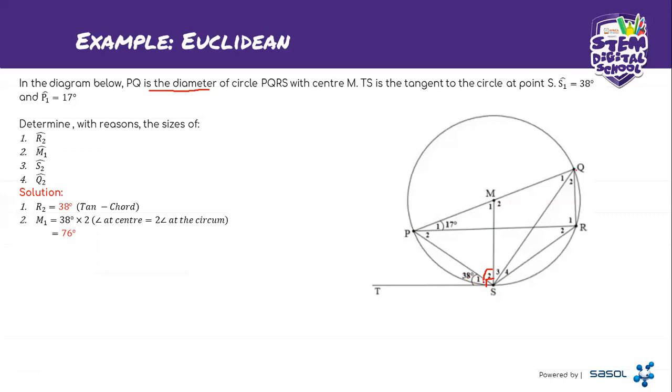We don't know angle S2 yet, so we're just going to subtract 90 minus 38 degrees. And what is the reason for that? Tan perpendicular to radius. Our answer for angle S2 is 52 degrees. So that is our answer.